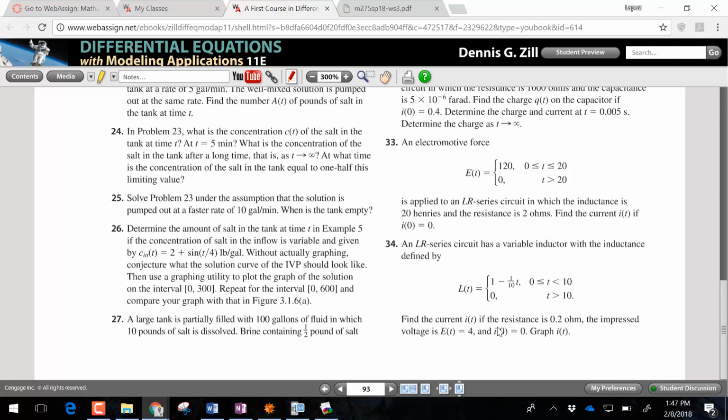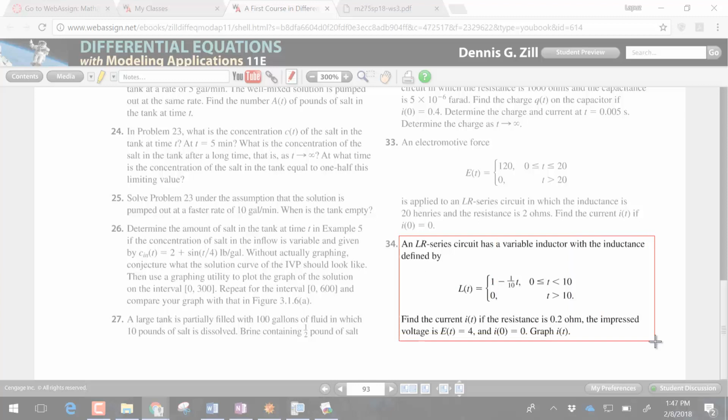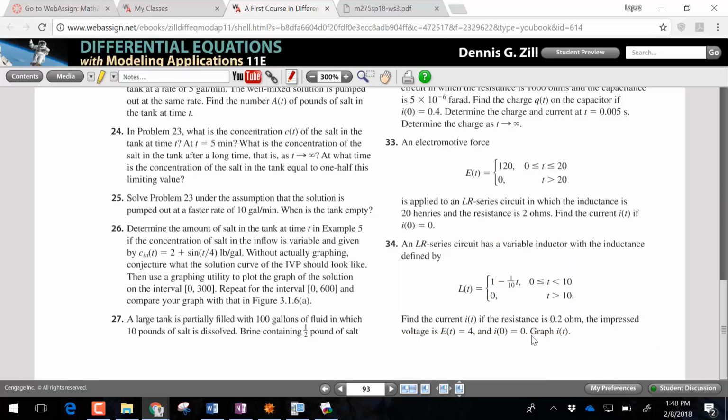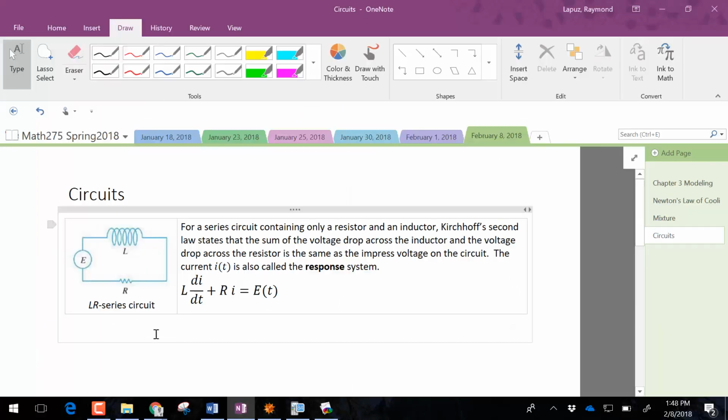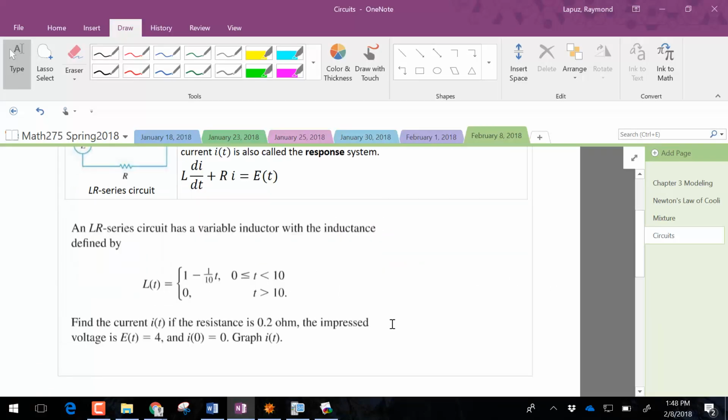Not weird, but let's do a piecewise function. All right. So this is our problem.